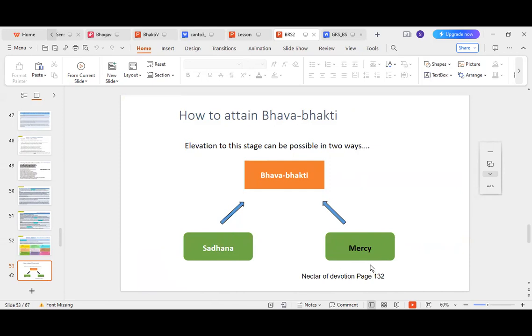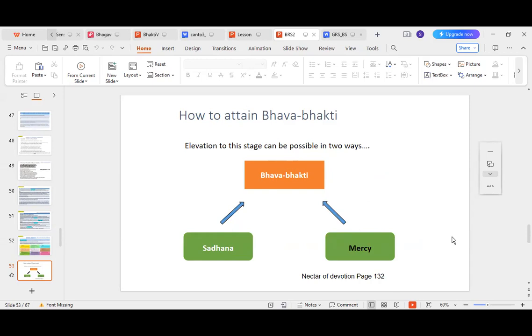Rupa Goswami is mentioning this for us to understand. These two are definitely required to get very nice bhava. Through sadhana also, you will be able to get bhava, but sadhana plus mercy is much easier. Sometimes somebody who is not able to follow certain sadhana gets it just by the mercy of Krishna, just like that.